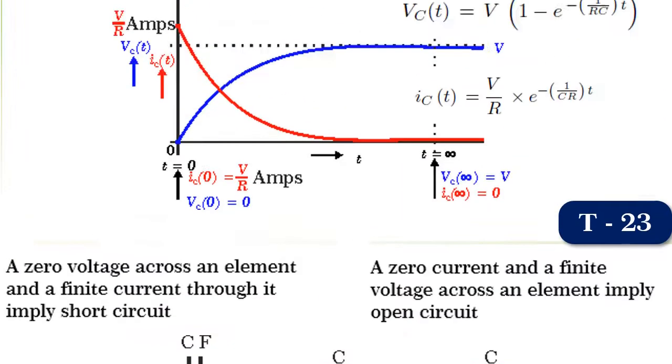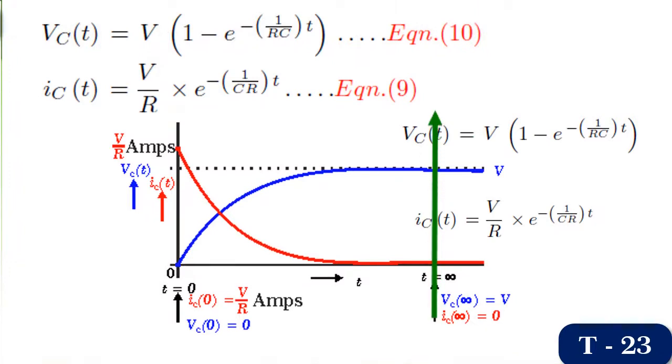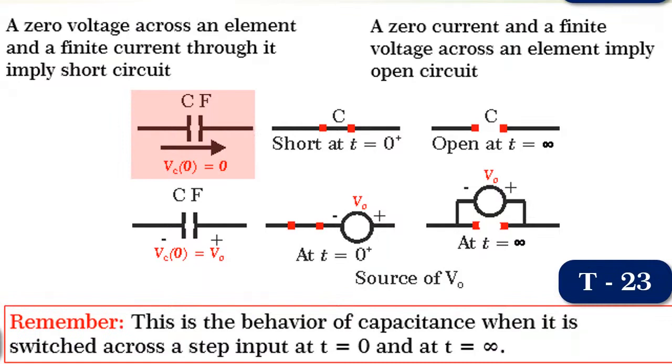Similarly, at t equal to infinity, we observe that Vc(infinity) is equal to V and Ic(infinity) is equal to 0. So, a zero current and a finite voltage imply open circuit. So, at t equal to infinity, capacitor behaves as open circuit as shown.